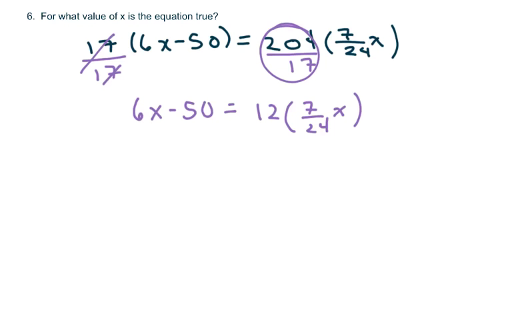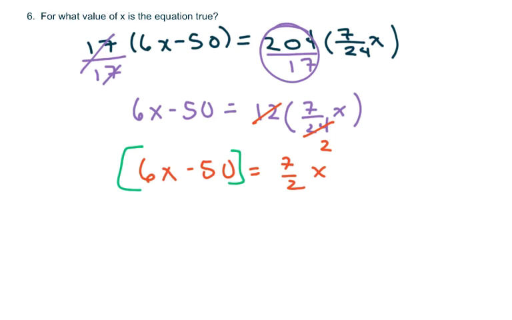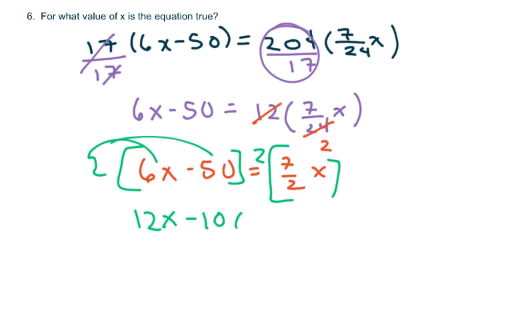Now I'm going to clean this up. 12 goes into 24 2 times. So basically we get 6x minus 50 equals 7 over 2x. Now I'm going to clear the fractions by multiplying both sides of the equation by 2. And when you distribute here, you get 12x minus 100 equals 7x.